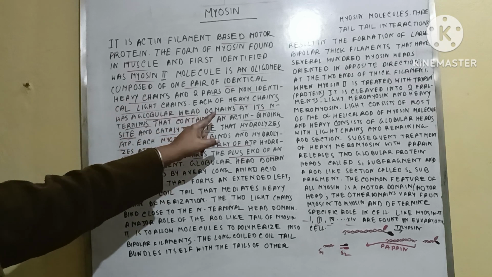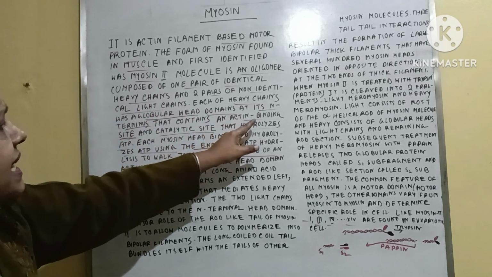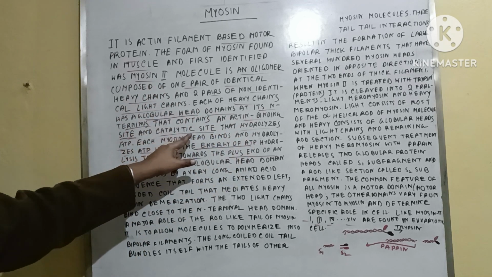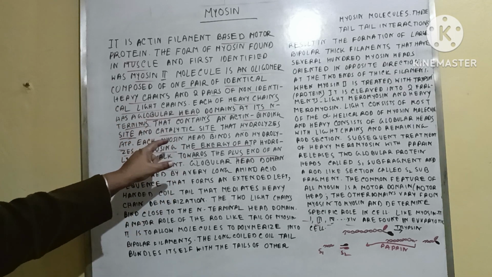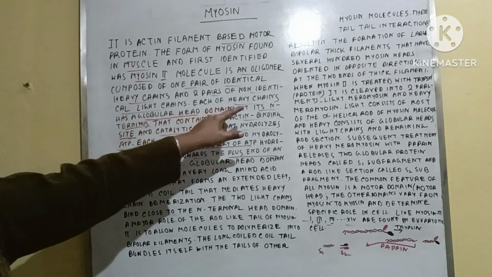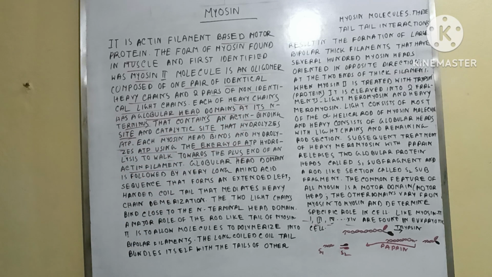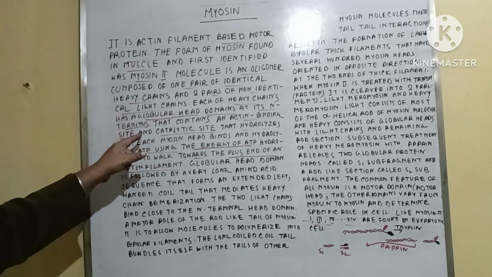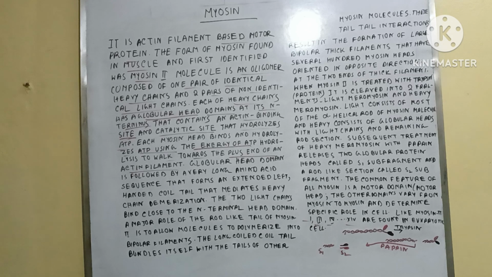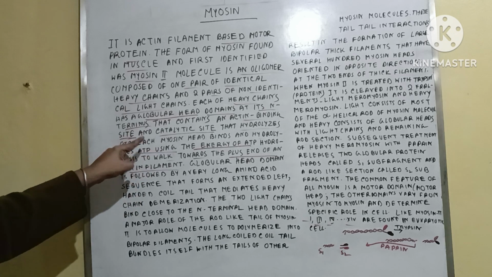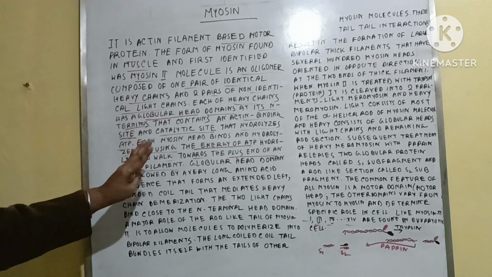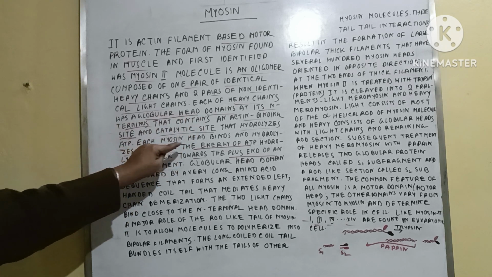These contain an actin binding site and a catalytic site, both present at the N-terminal region, where the actin filament can bind with the myosin, and the hydrolysis of ATP also occurs here at the catalytic site.